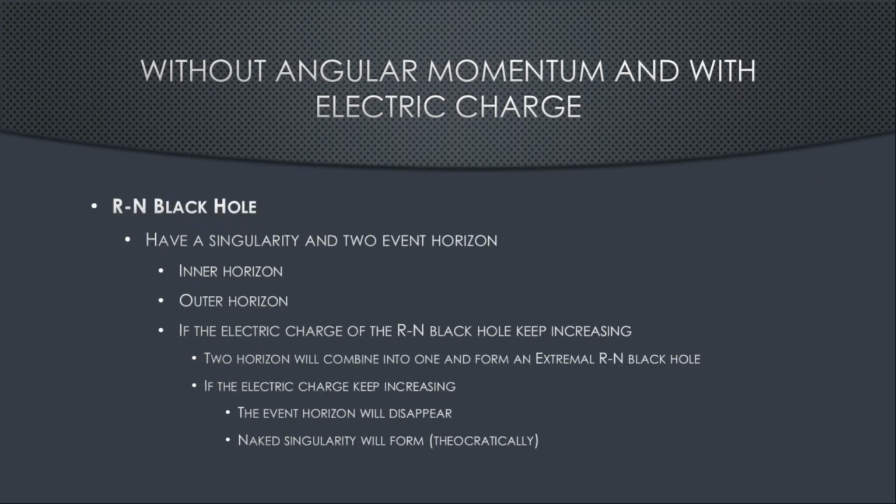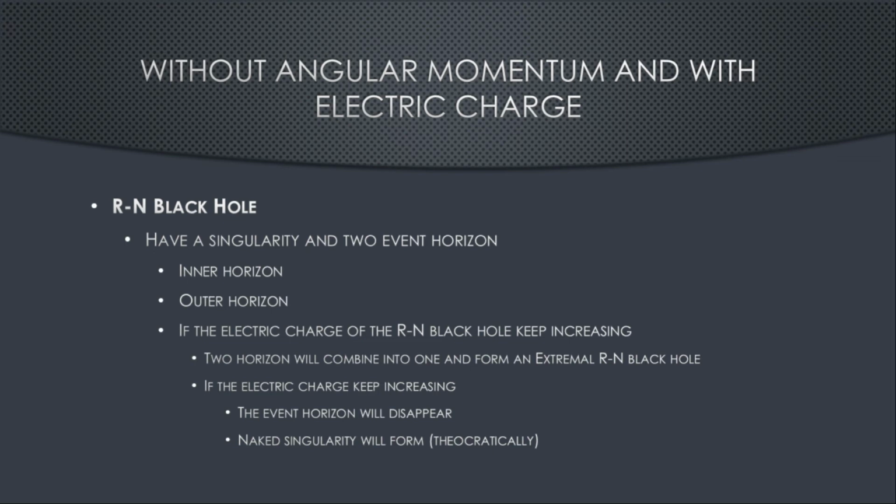And the third type is without angular momentum but with electric charge. It is called the Reissner-Nordström black hole. It has a singularity and 2 event horizons, one is the inner horizon and the second one is the outer horizon. If the electric charge of the black hole keeps increasing, the 2 horizons will combine into one and form an extremal black hole.